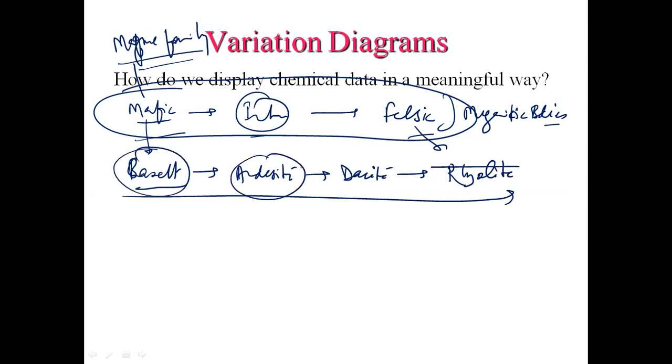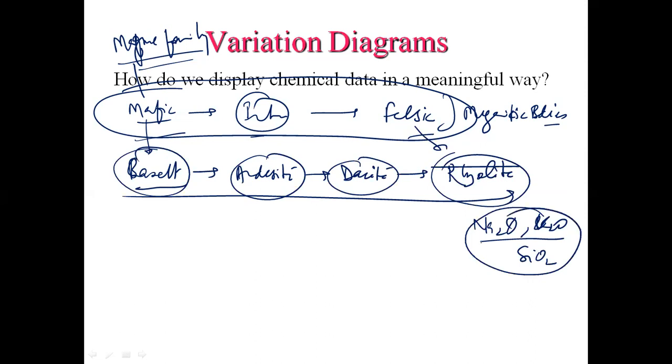This naming of the rock is basically based on chemical composition. The chemical composition we generally take is sodium oxide, potassium oxide and the silica amount, SiO2. These components we generally take, but other components are also there: iron oxide, magnesium oxide, aluminum oxide. But because these play a very important role, we take these parameters to classify, or for the nomenclature of, these rocks which evolved from the parent basaltic magma.